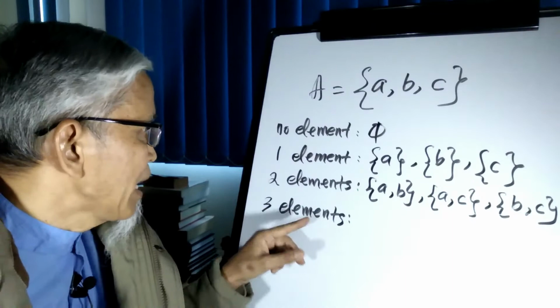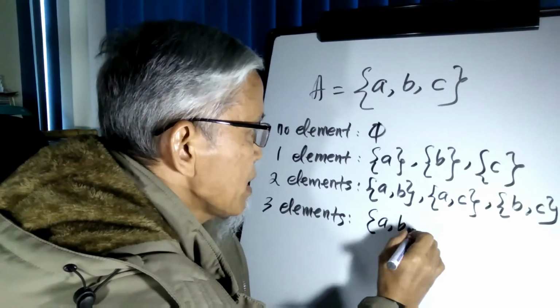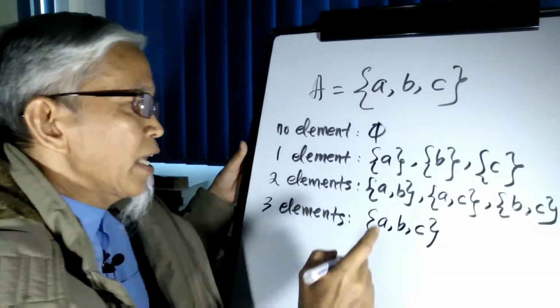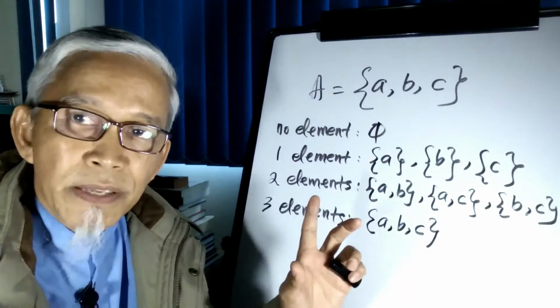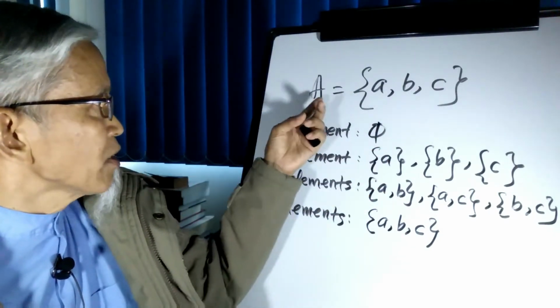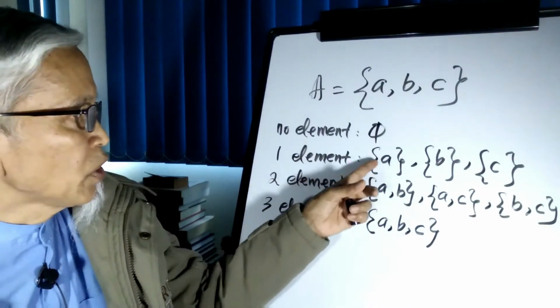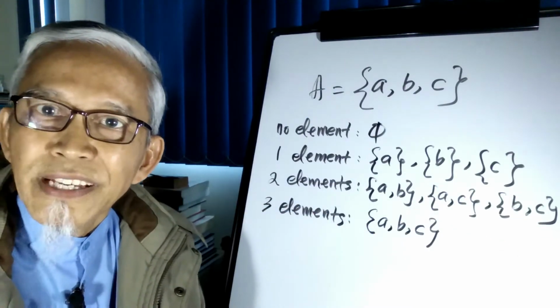So with 3 elements, we have the set itself, a, b, and c. Set A is also a subset of itself. These are all the subsets of A. How many of them? 1, 2, 3, 4, 5, 6, 7, 8. Eight of them altogether.